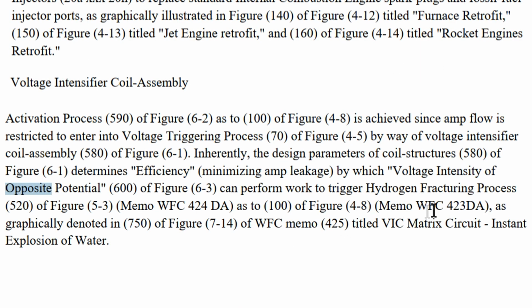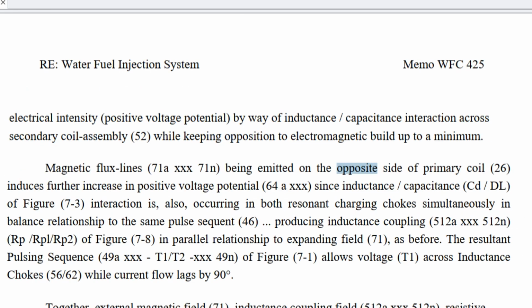Inherently, the design parameters of coil structures determine the efficiency by which voltage intensity of opposite potential can perform work to trigger hydrogen fracturing process. Every single one of these processes includes opposite polarity pulses.